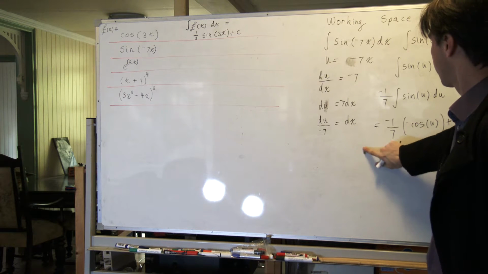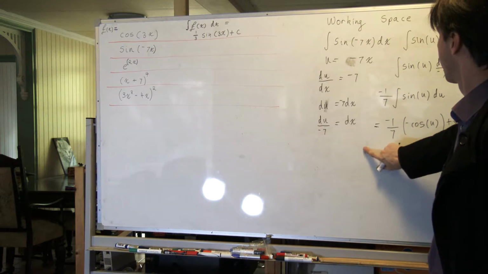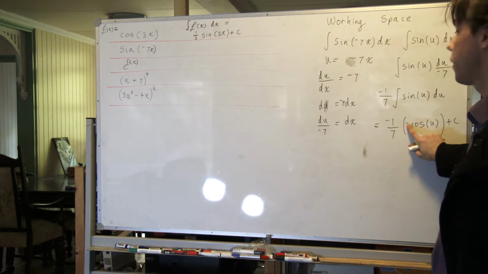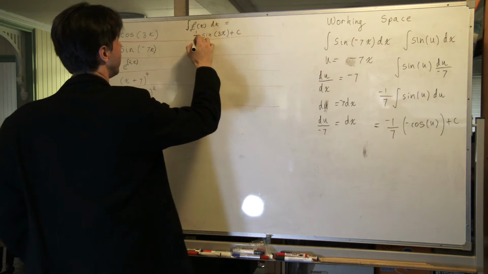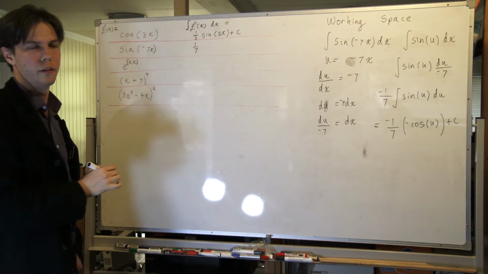So I'll just write that straight in the answer. Negative 1 times negative 1 over 7 makes positive 1 over 7.